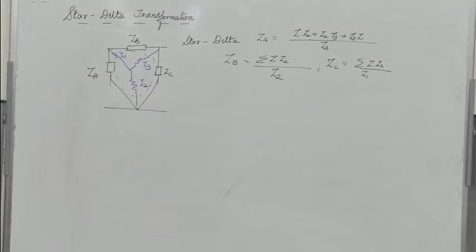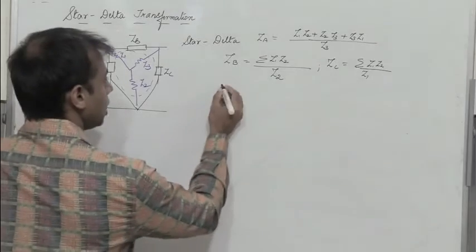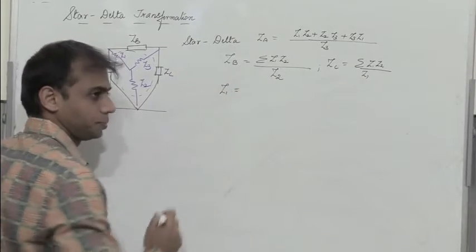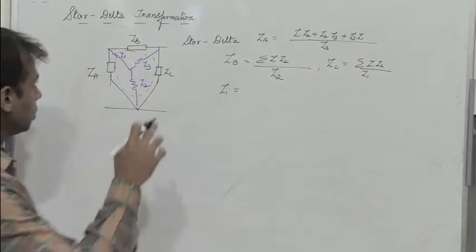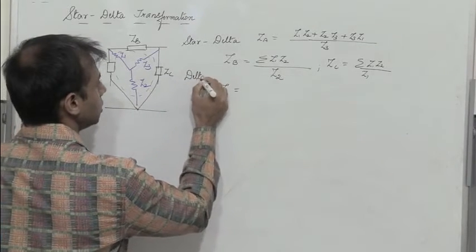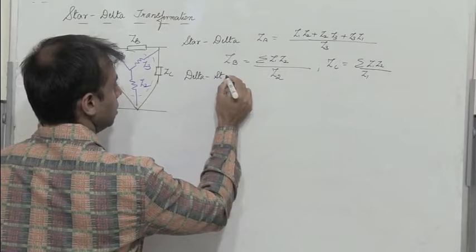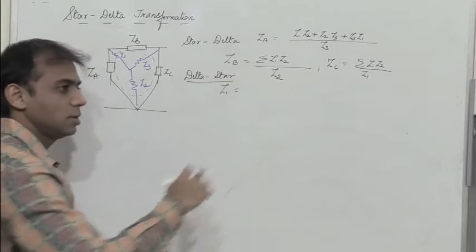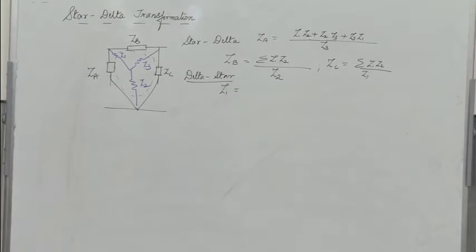So now if a delta network is given, how do we convert that to a star network? So how do I calculate Z1? Now, for a delta to a star conversion, we find that the denominator remains constant, right? So what is the denominator?